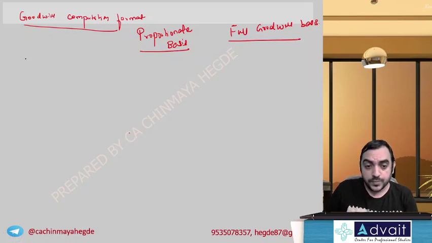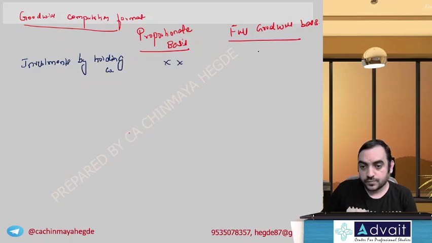So we will take investments by the holding company. Then NCI is added, minus net assets is subtracted.